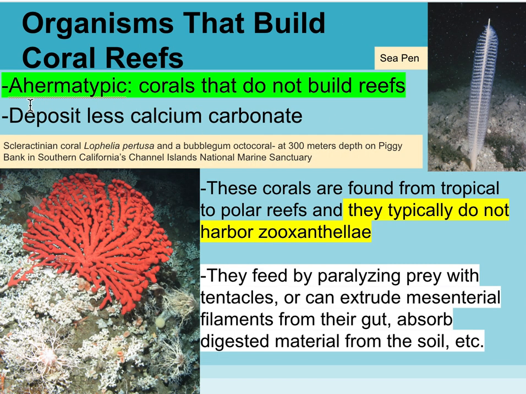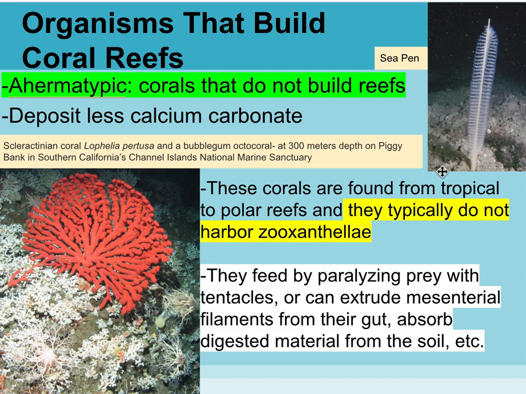Then there's the ahermatypic corals that do not build reefs, like this sea pen that you commonly see in Southern California. I see these a lot when I go diving or even snorkeling in areas like La Jolla in Southern California.